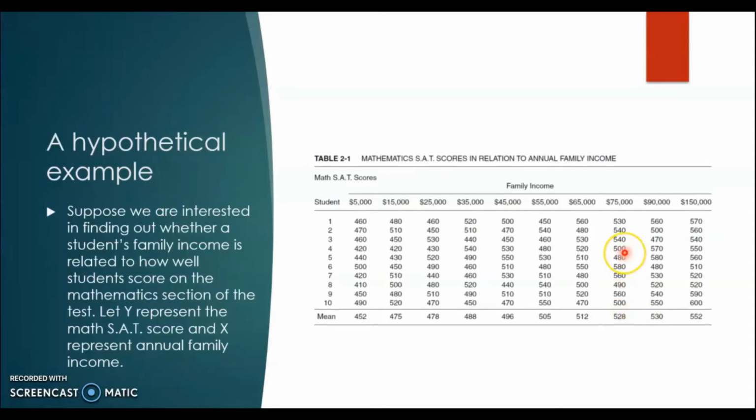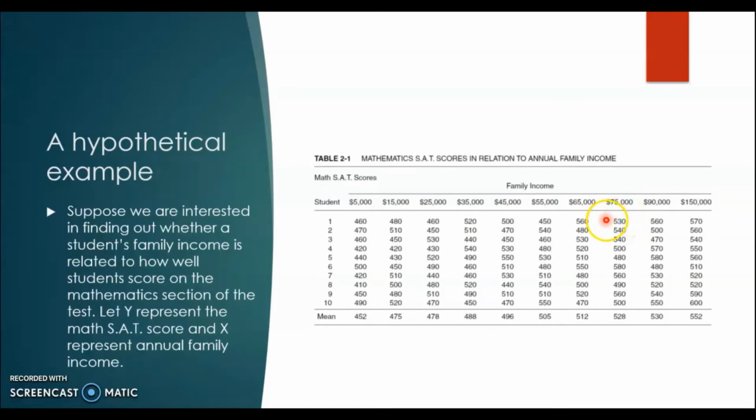But if we pick one student at random for this category of income, we know that the math SAT score for that student will not necessarily be equal to the mean value of 528.